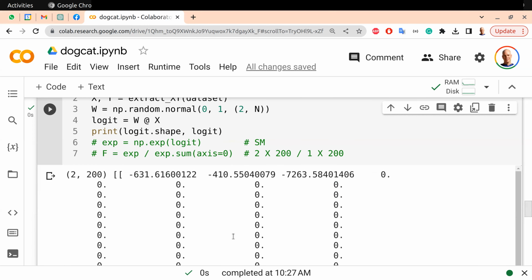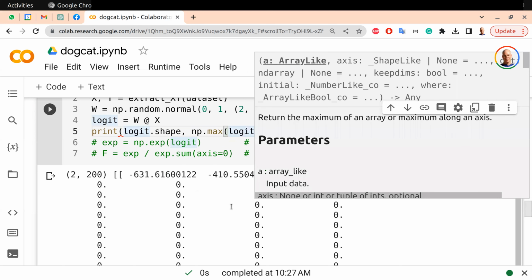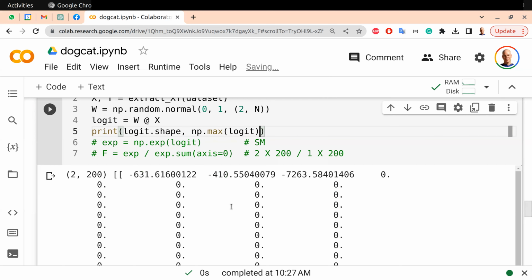Instead of printing the content of logit, let's ask about the max of it. I will say NP max. You remember what NP stands for? That's some library, no? Exactly, that's the NumPy library, and I'm using a max of this library, which works on matrices.